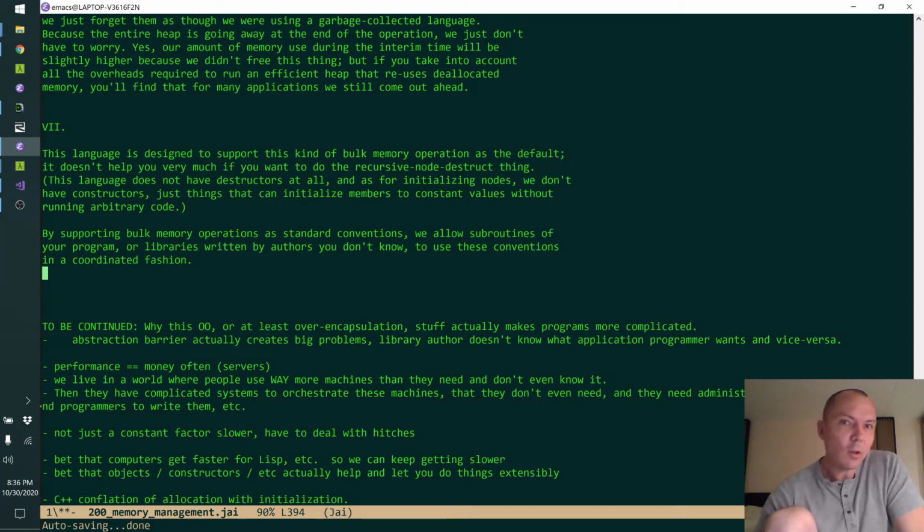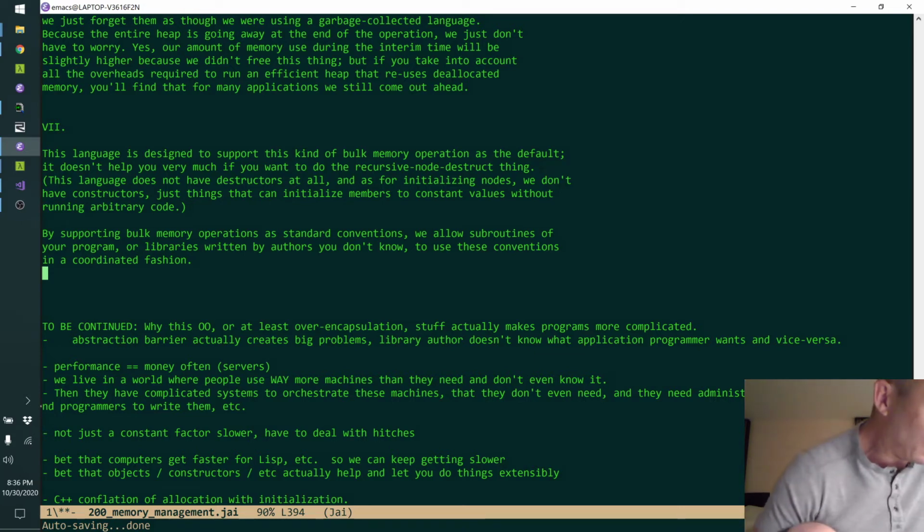It is not the global heap. It's its own heap. And then you just clear that heap when you're done, right? It's actually very simple if you understand that a heap isn't magic. It's just a data structure. But a lot of people don't know that.